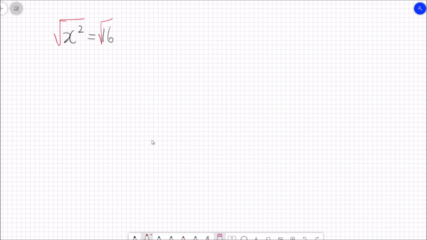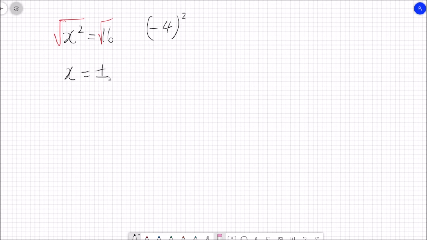Now, here's the interesting thing. Obviously, the square root of 16 is 4, but there's another number: negative 4 squared also equals 16. So we have to account for both answers.